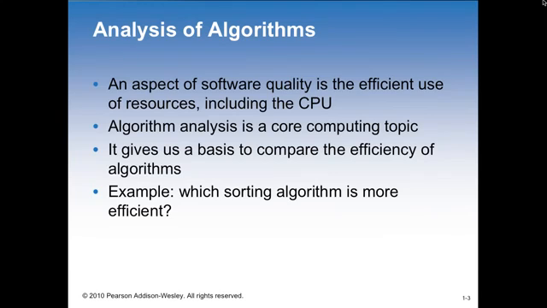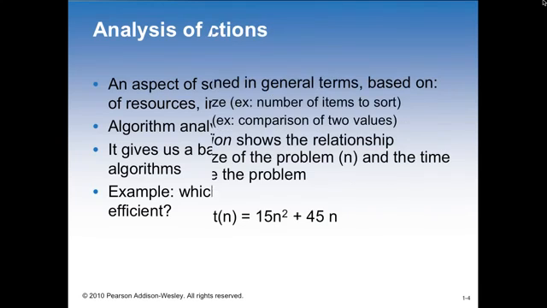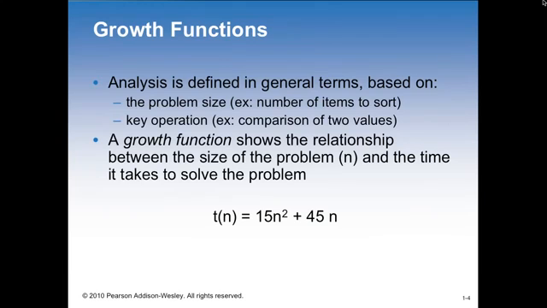And so we have things like big O notation, we have complexity and things of that nature to consider in terms of figuring out which algorithm selection might be good. And here's an example, which sorting algorithm is more efficient. I gave that answer away actually last week. I said the binary search is basically the more efficient version of it.